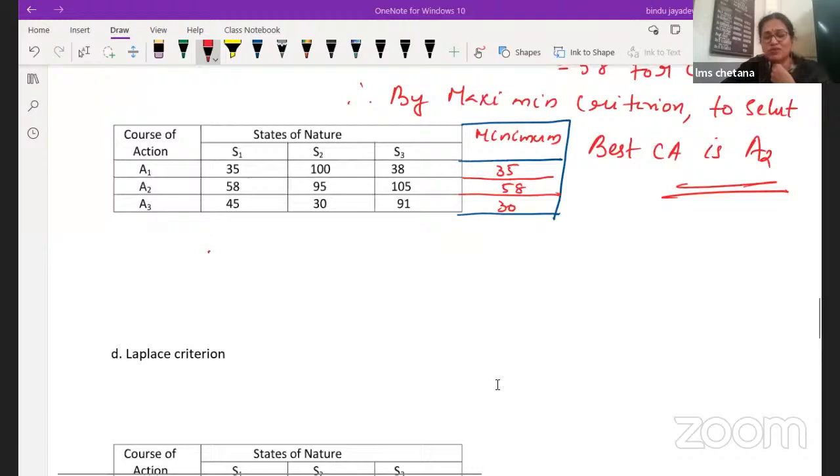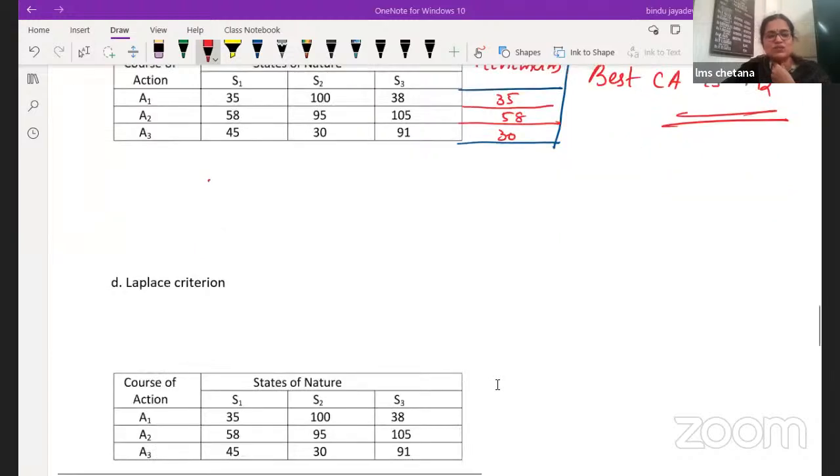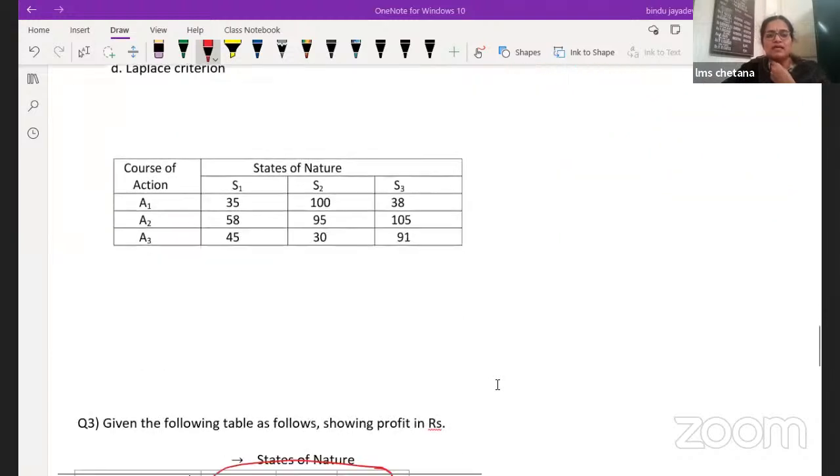Ma'am, all formulas. Formulas, I'm really scared. I'll see if I can do something for you. Okay. Now Laplace criteria. Ma'am, please do max revision. Okay, Max, I don't know how much I can do, but still I'll help you with some things.